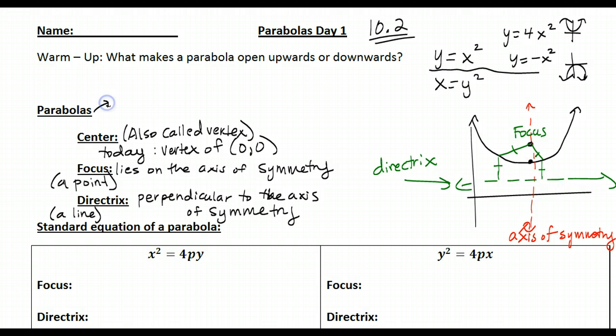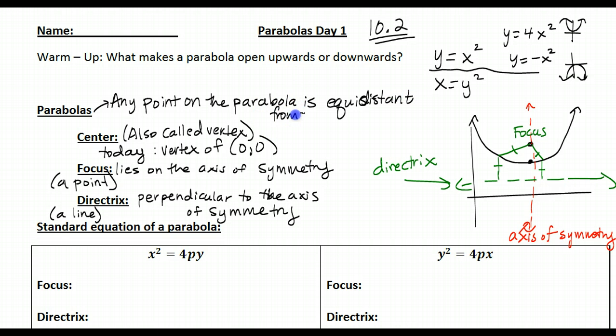So for a parabola, specifically the line of the parabola, any point on the parabola is equidistant. Any point on the parabola is equidistant from the focus and directrix.